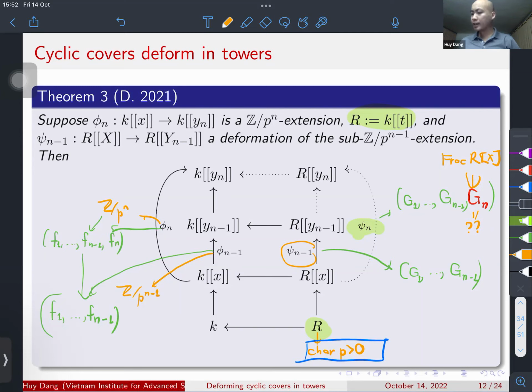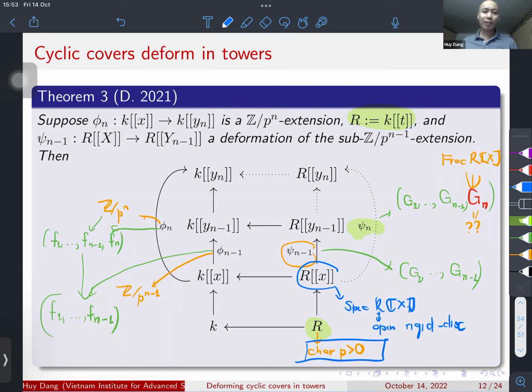And the second one is, if you consider the spectrum of the ring over here, then it can usually be thought of as an open disk, an open rigid disk.